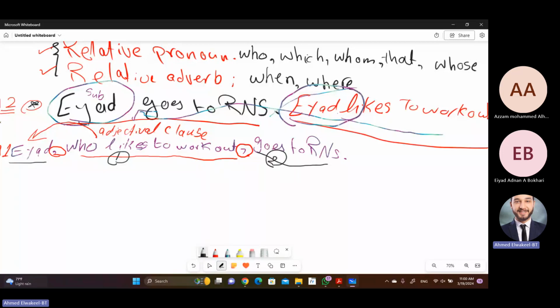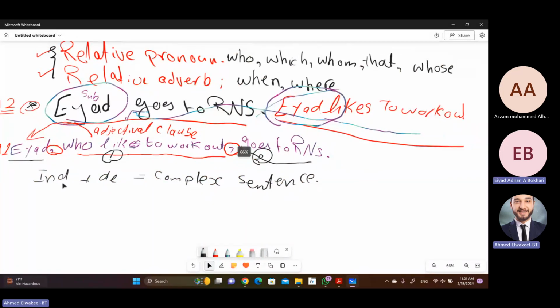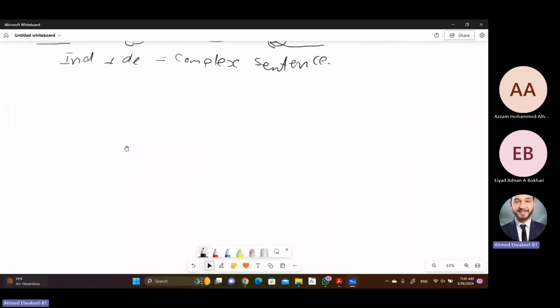And when you have one independent clause plus one dependent clause, it will be called a complex sentence. How many types of sentences do we have? Four. We have four. Correct? I thought it was three. Really? Yes.